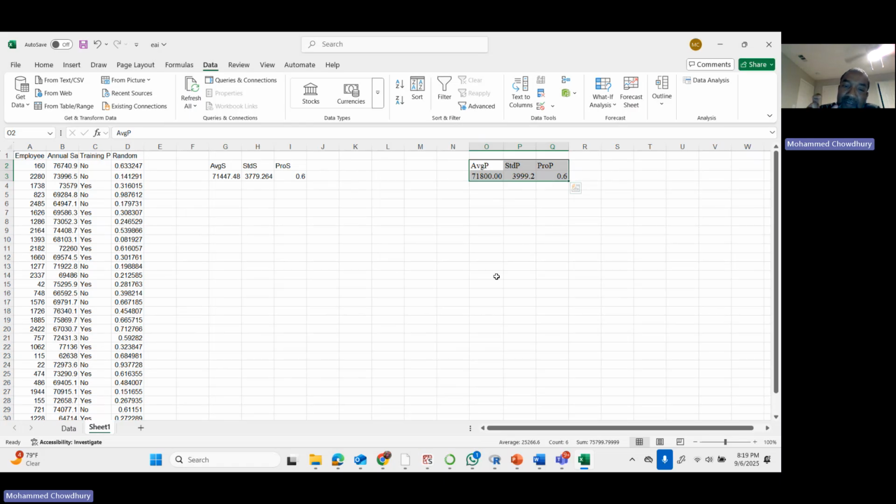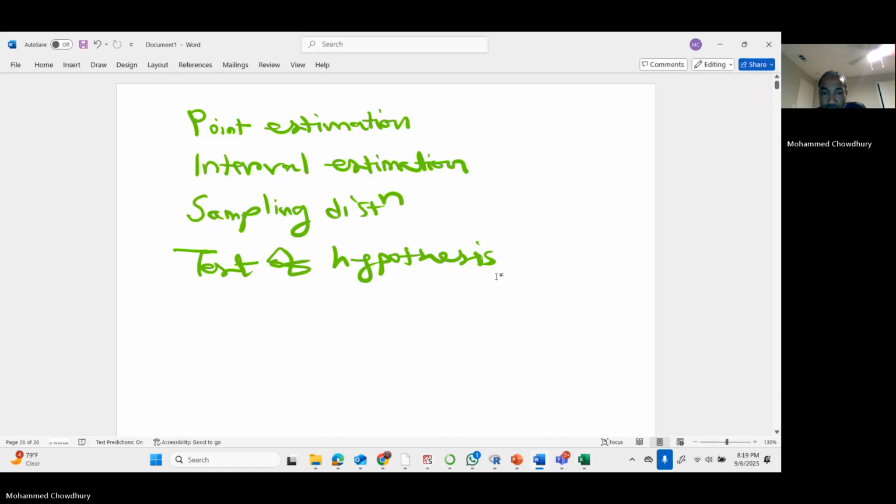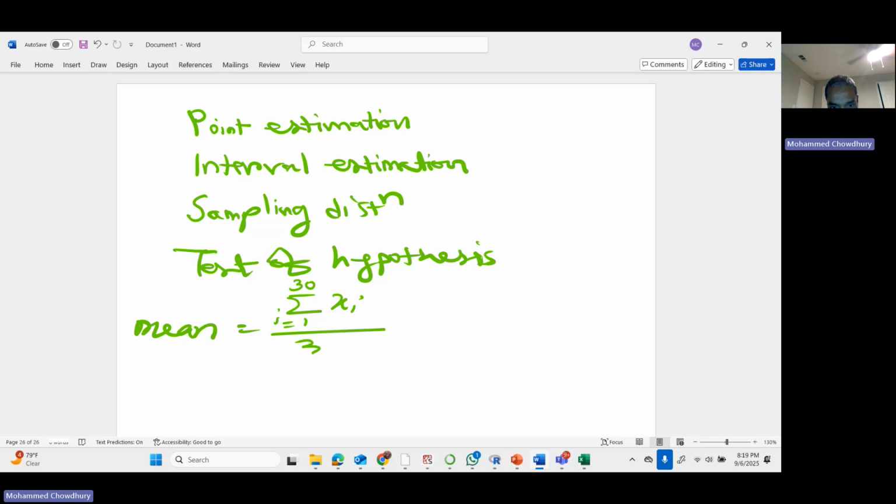So point estimate means when you have a sample, from there you find average, standard deviation, variance, all of this. This is called a point estimate. So the point estimate formula to compute the mean is the sum of i goes 1 to 30 of xi divided by 30.